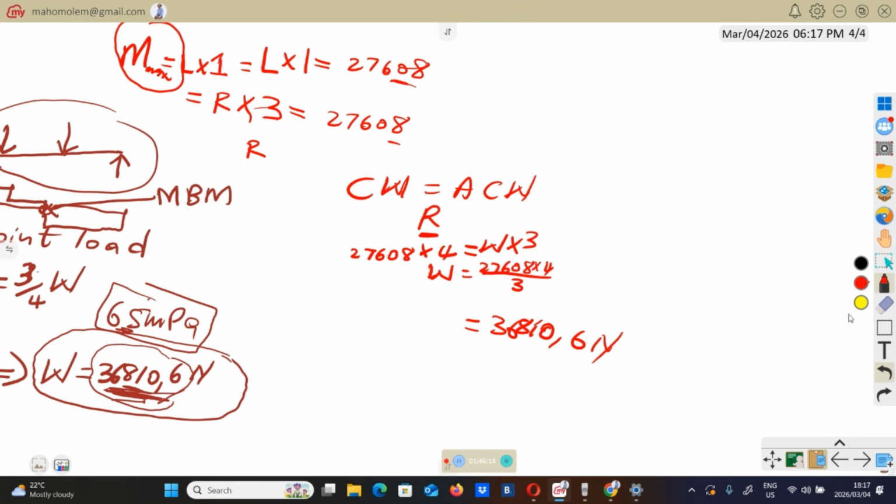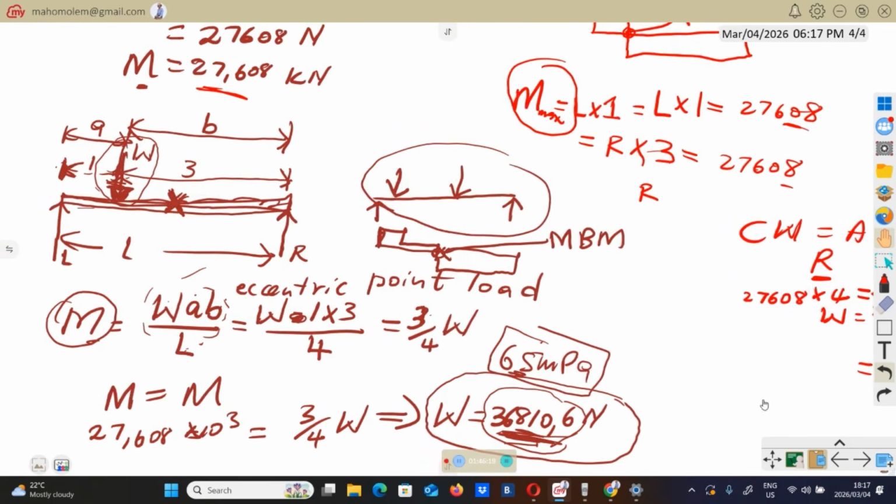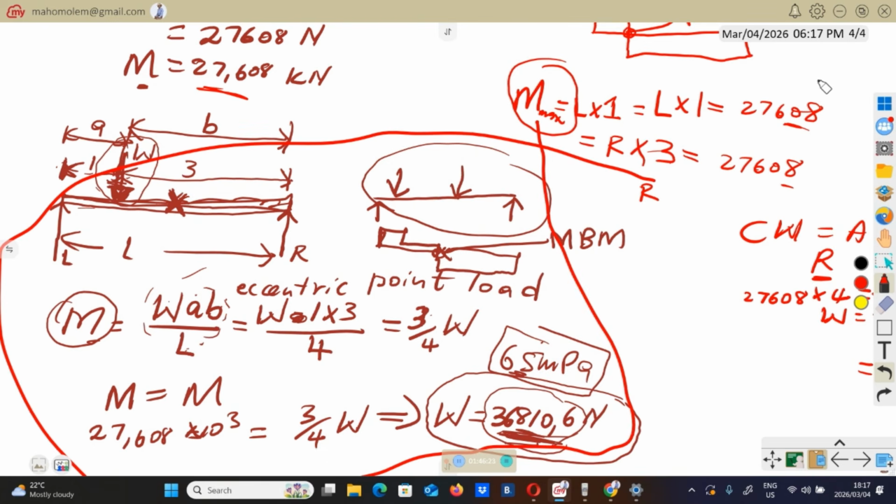So that was the alternative way. If you don't want to use this formula or this route, you can use this route. Right. That is the final answer. The question was looking for W. Yeah, so that marks the end of this lesson. Thank you.